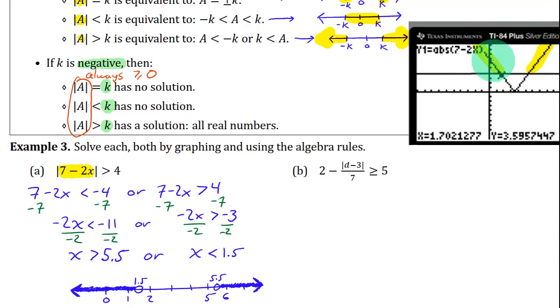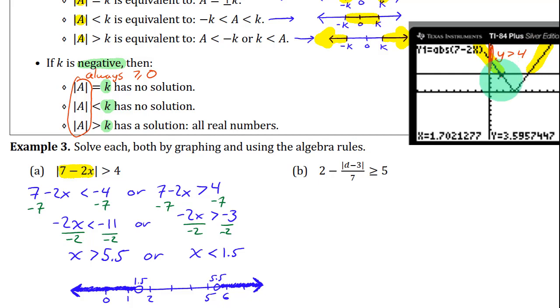Because here's where these y coordinates of all these points are all greater than 4. Maybe I should label on the y-axis. All these y coordinates are greater than 4. So what are the values of x that get you that?